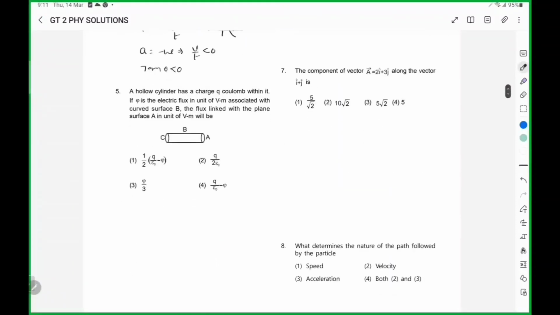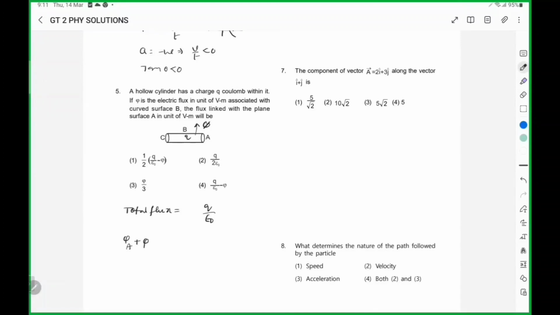Here, a hollow cylinder has a charge q coulomb within it. Phi is the electrical flux through the curved surface B. So here, total flux is q by epsilon naught.